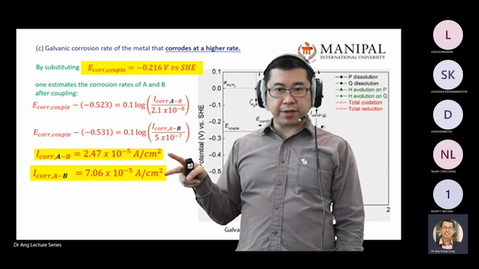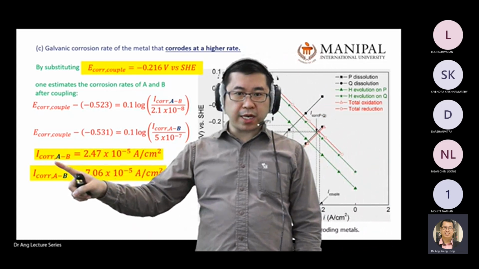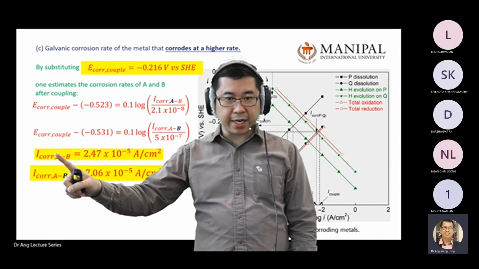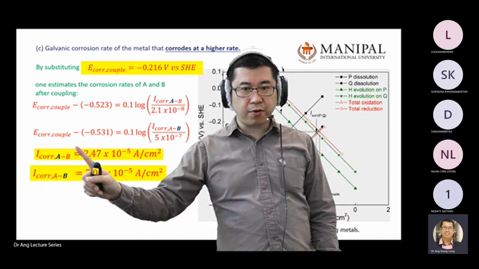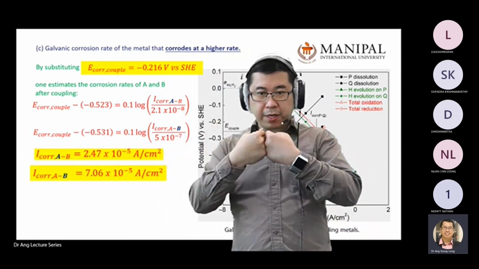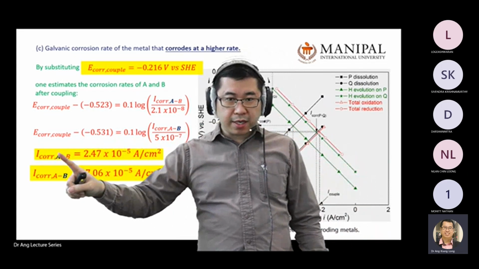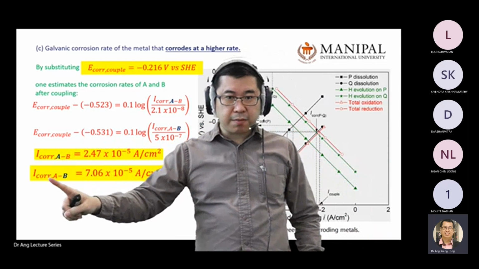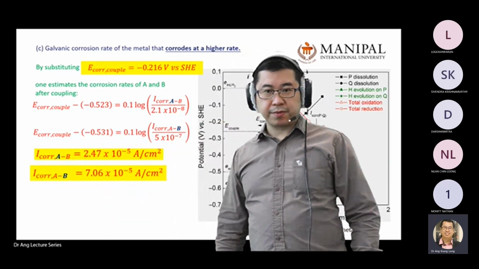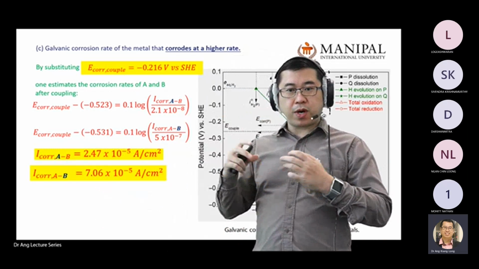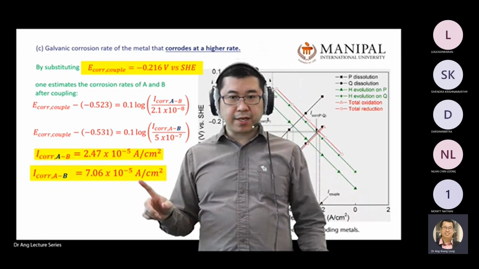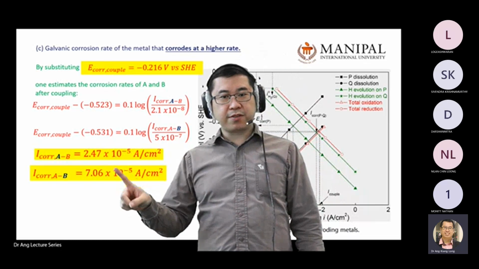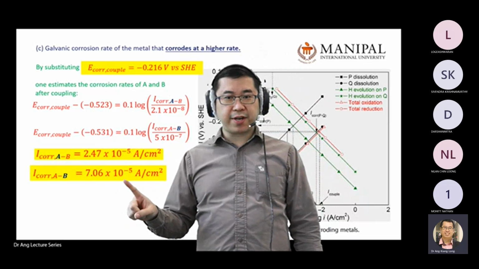I hope you can tell the difference. These two, although the label is AB, but I highlight the A, I highlight the B. So this one is the corrosion rate for A. If you join AB together, A will corrode at this rate, B will corrode at this rate. Both will corrode, but one is faster, one is slower. Okay, so in here, which one is faster, which one slower? This value is higher, right?